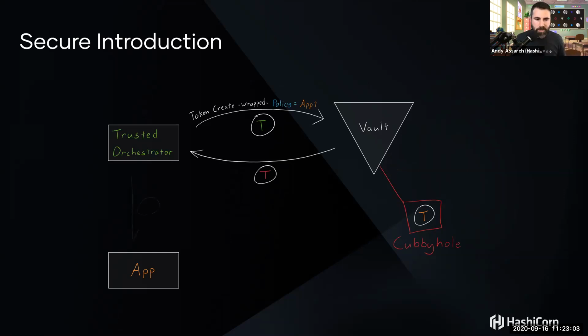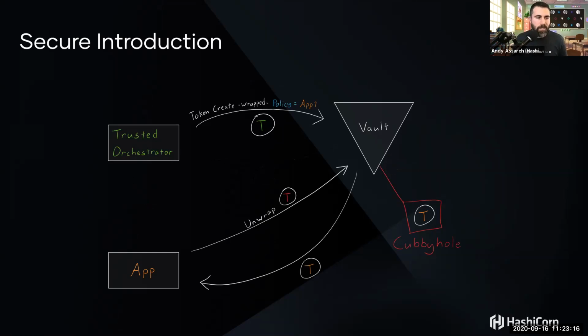The orchestrator then delivers that wrapping token to the application, and now the application unwraps it. So it'll go to Vault and say, here's my wrapping token, I would like you to give me my actual token. And Vault does that and then destroys the cubbyhole. So it can be a one-time use. That's a pattern we often see: one-time use in a limited period of time, for the period of your application deployment pipeline.